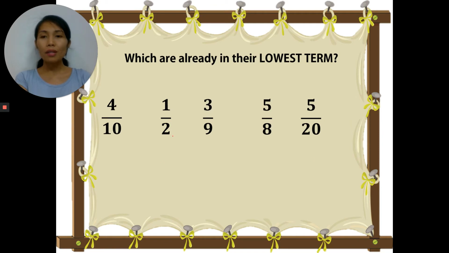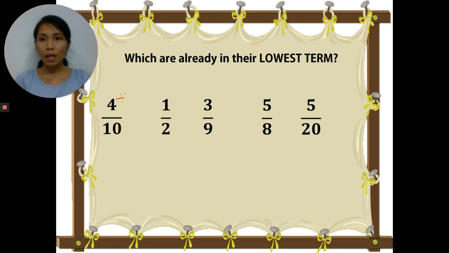All right, so in here, just to refresh us on how to find the lowest term, let's see if we can identify fractions in lowest term. Okay, 4/10, is this in lowest term? What do you think? Are there any factors we can use for 4 that can also divide 10?